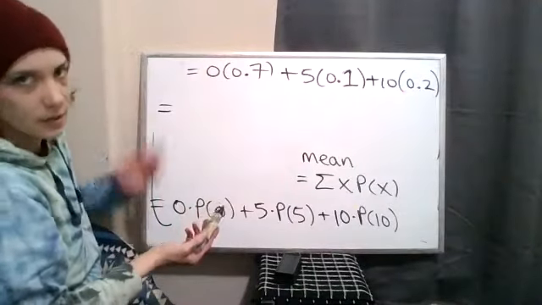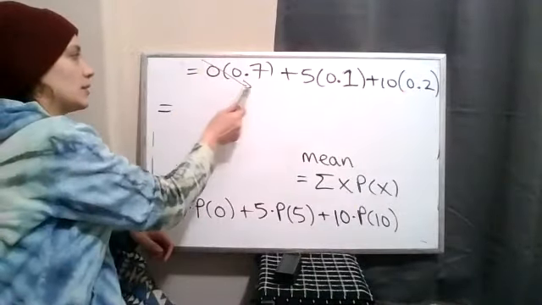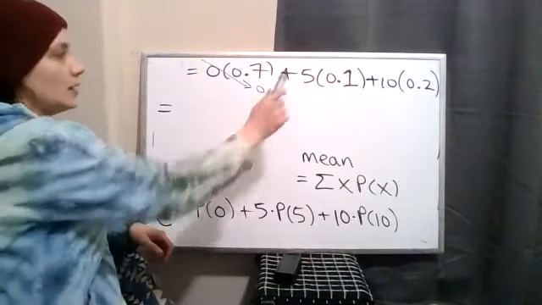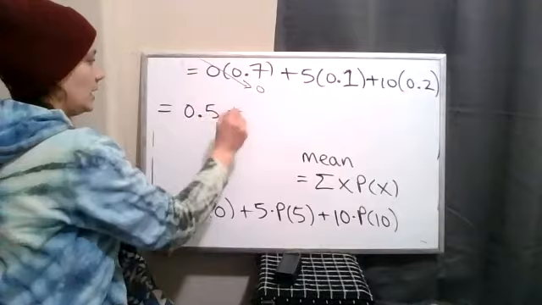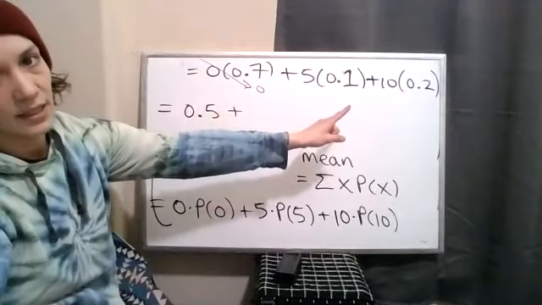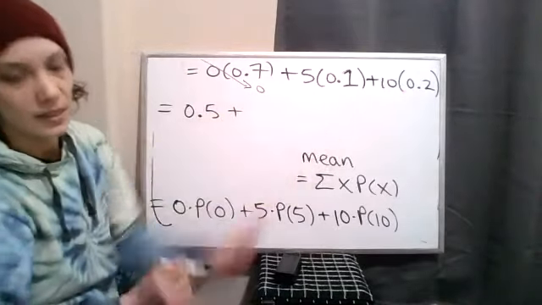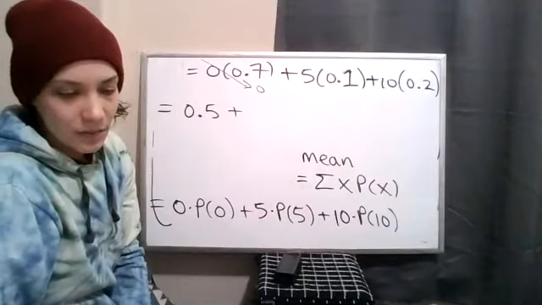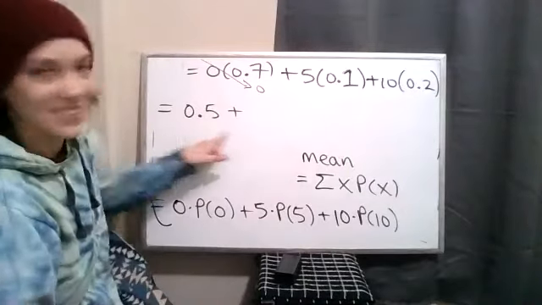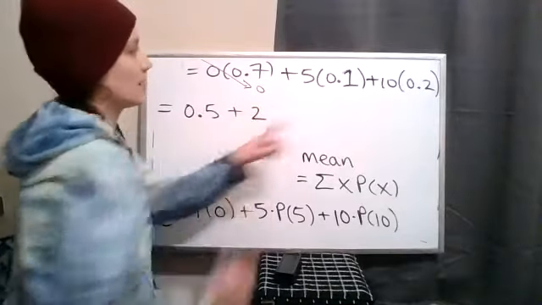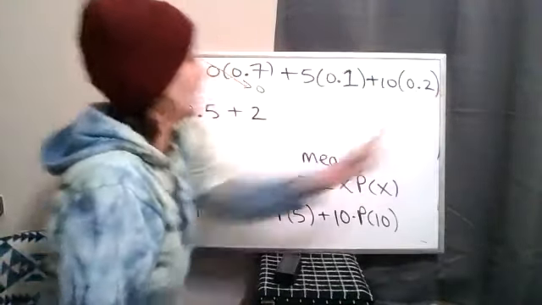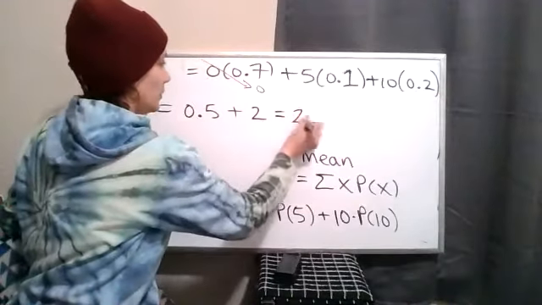First part's going to be 0. 0 times the number is 0. 5 times 0.1 is 0.5. Add 2, from 10 times 0.2. Okay, so it's 2. Move that point over. And this is 2.5 total.